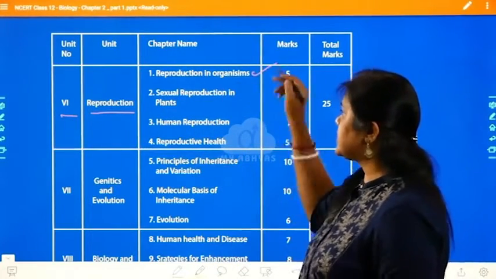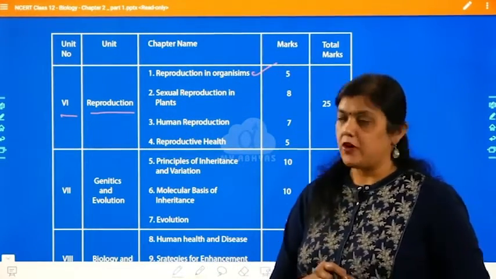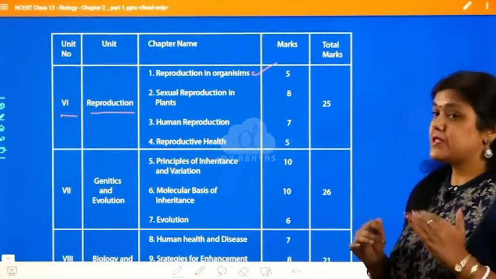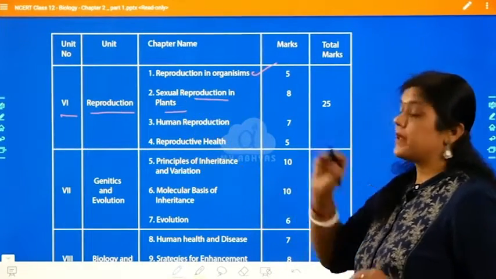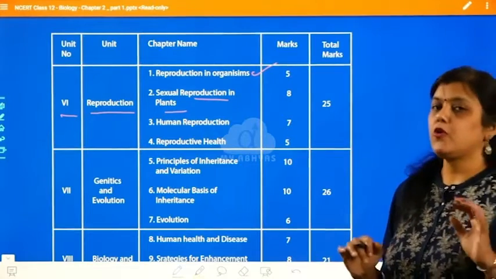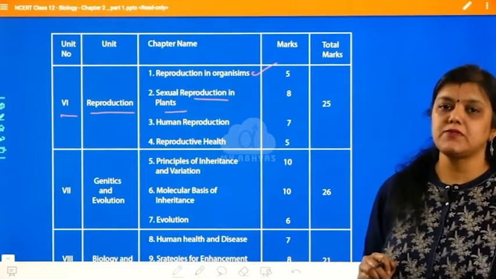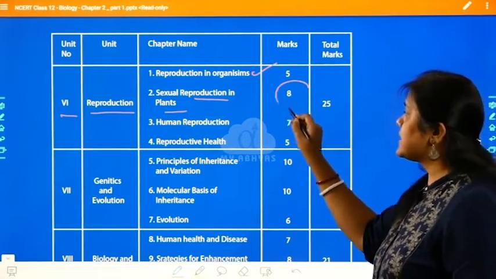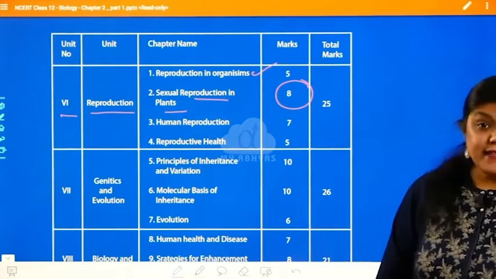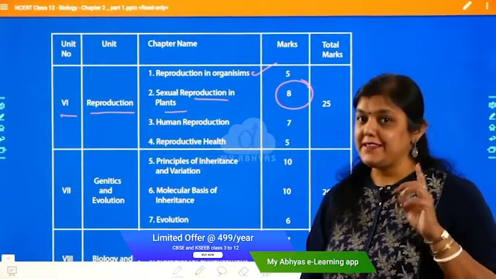We are done with the first chapter, that is reproduction in organisms. Now the second chapter is sexual reproduction in plants. In this chapter, we are going to talk about how a flowering plant reproduces sexually. And how many marks are allotted over here? There are 8 marks allotted in this chapter.